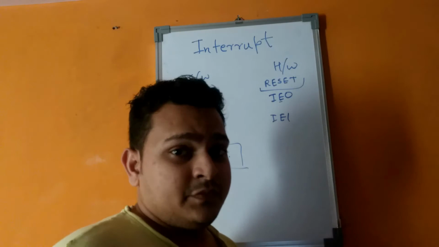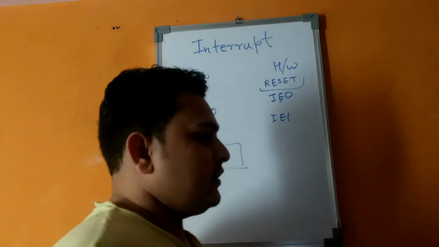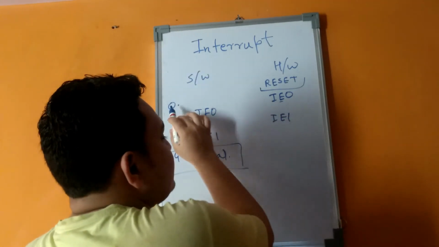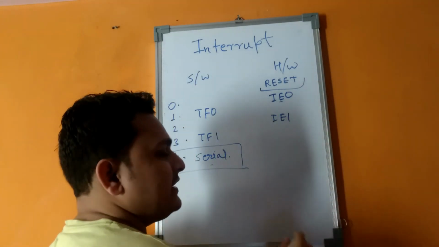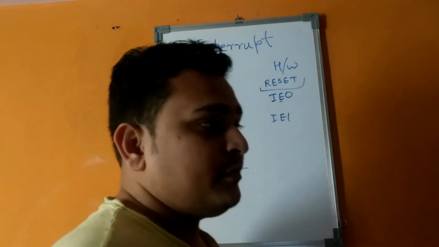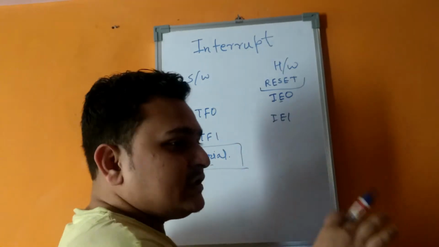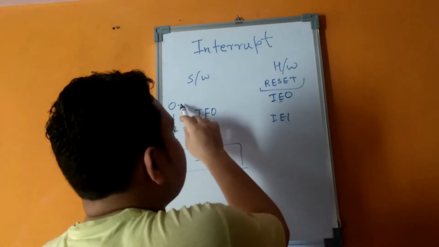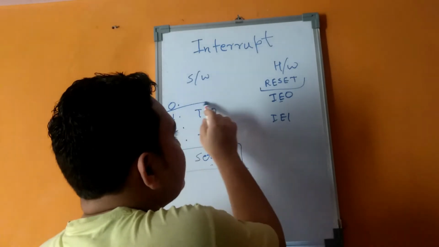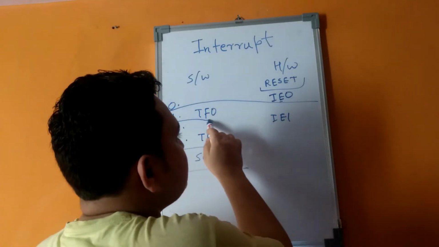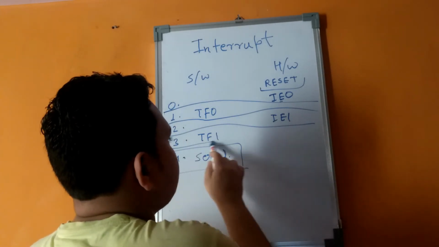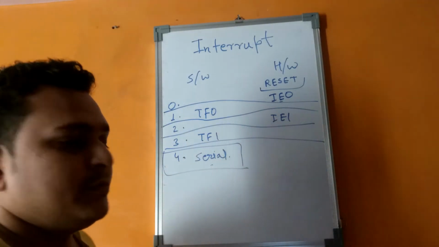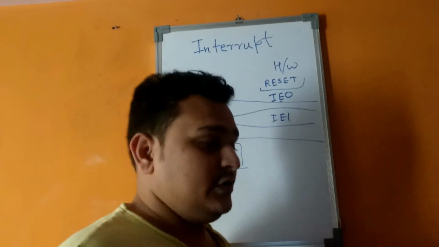So whenever you are writing the ISR, you have to mention this number in front of the ISR. How to write the ISR, I will show you in the programming. So you have to just keep this in mind, that this belongs to number 0, this belongs to number 1, this belongs to number 2, this belongs to number 3, and this belongs to number 4.